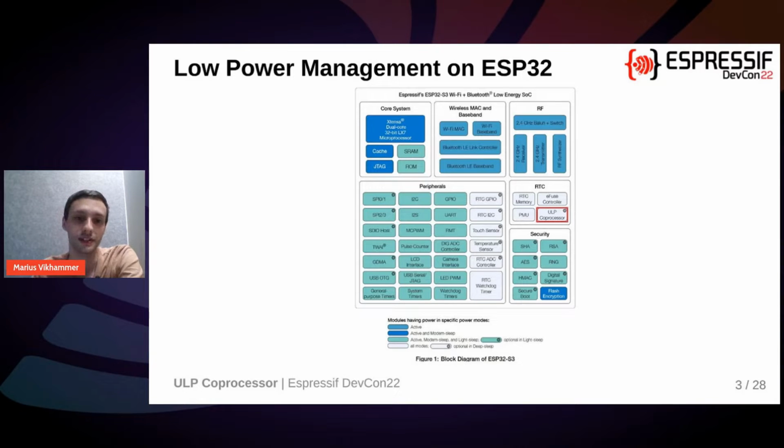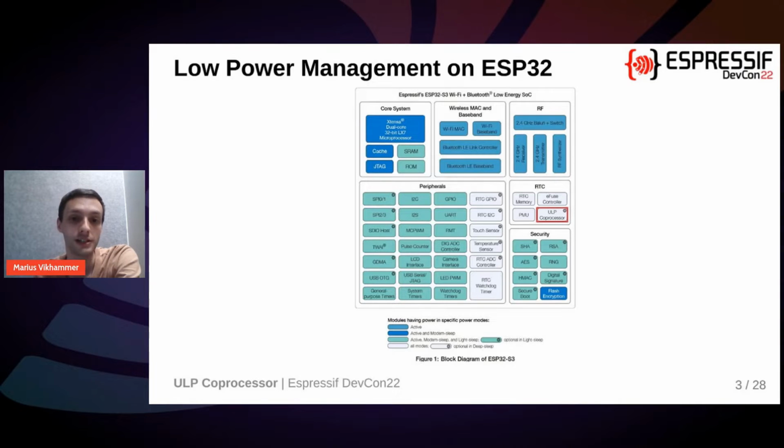As you can see here in this diagram, there are 4 main power modes provided in ESP-IDF. You have the active mode, where everything on the chip is enabled. And then you have the modem mode, where we shut down the RF part of the chip. You can see the wireless MAC, the RF part. All of those are shut down during modem mode to save power.